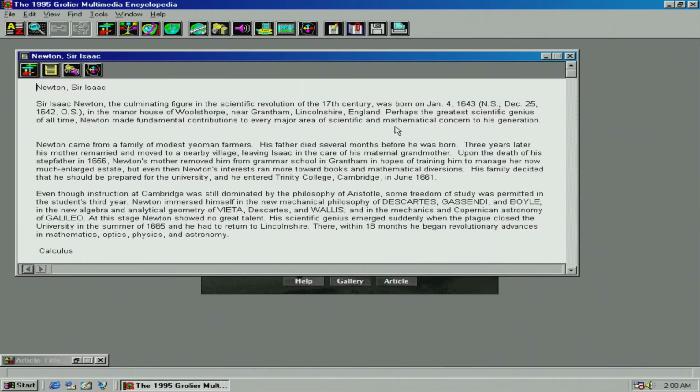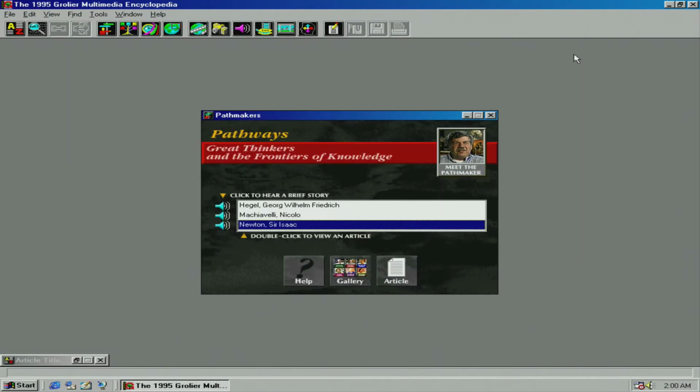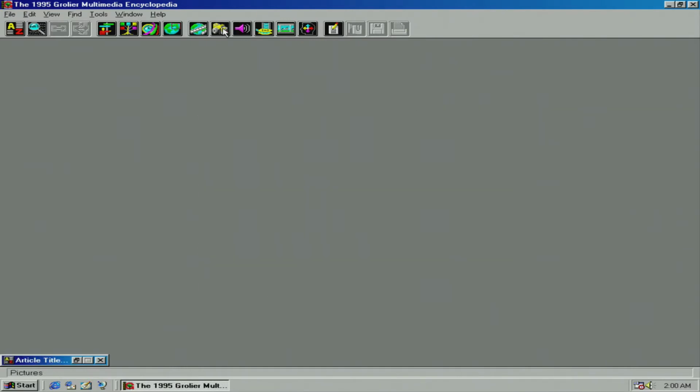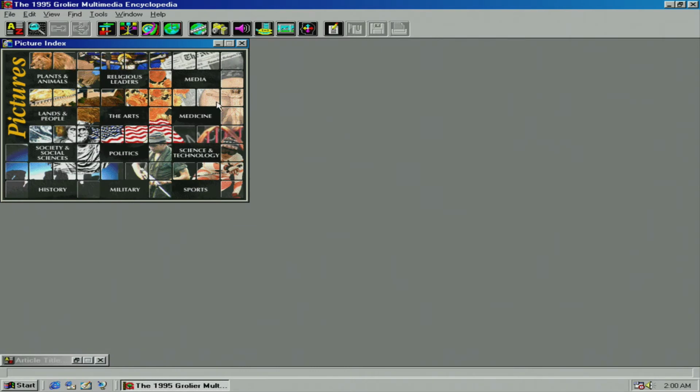With the publication of the Mathematical Principles of... Okay, natural, we already saw that. See what else? There's also pictures and stuff. Various things, media.